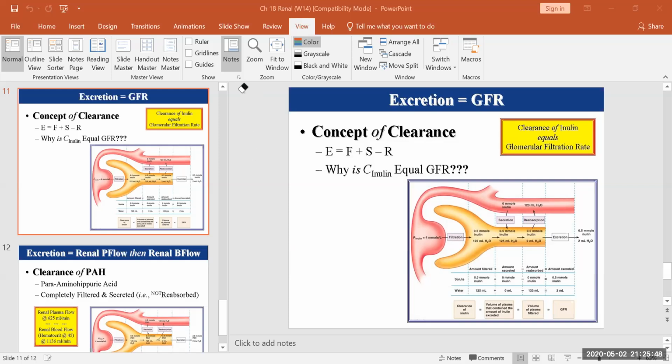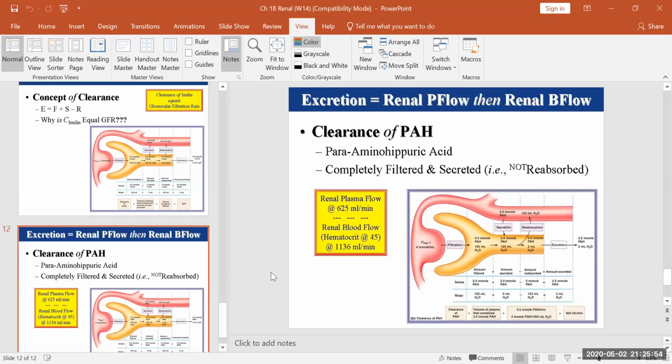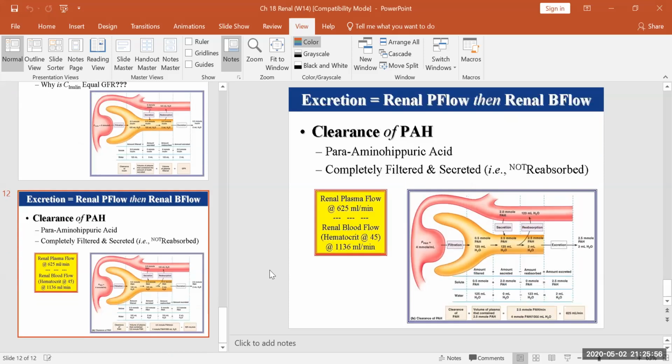Moving on to the next slide, because it's the same, using another chemical to apply to another concept. And this is where PAH clearance comes into play.